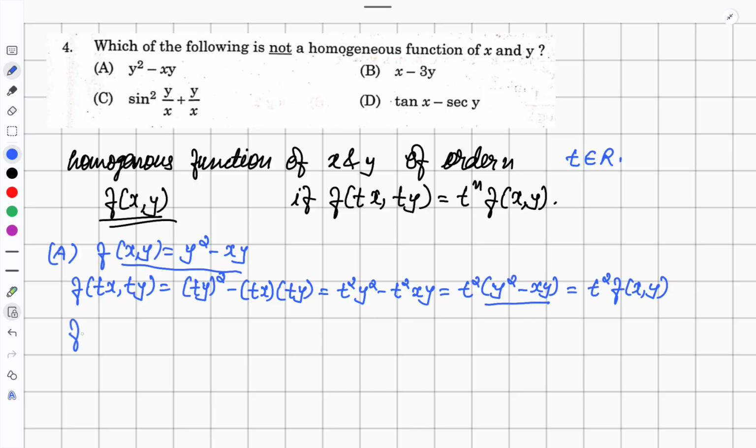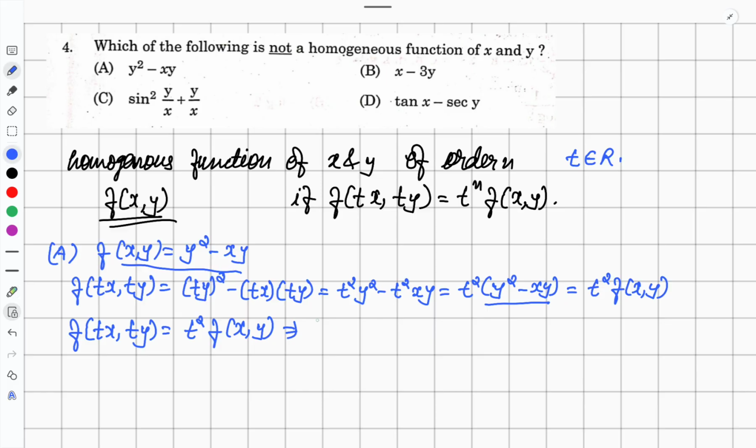So f(tx, ty) is equal to t square f(x, y), and this form is getting satisfied with n being equal to 2.